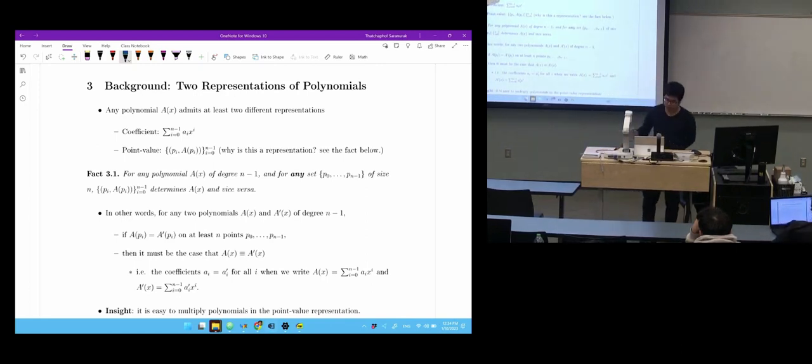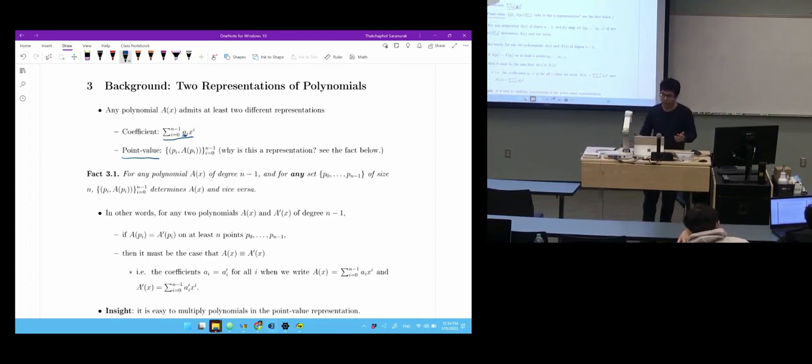One way is just to list all the coefficients of A, like this. Just list all the coefficients ai. This is the way that we give the input that we have basically. This is a way to represent A. Well, there is another way to represent A, and that is to use point value representation.